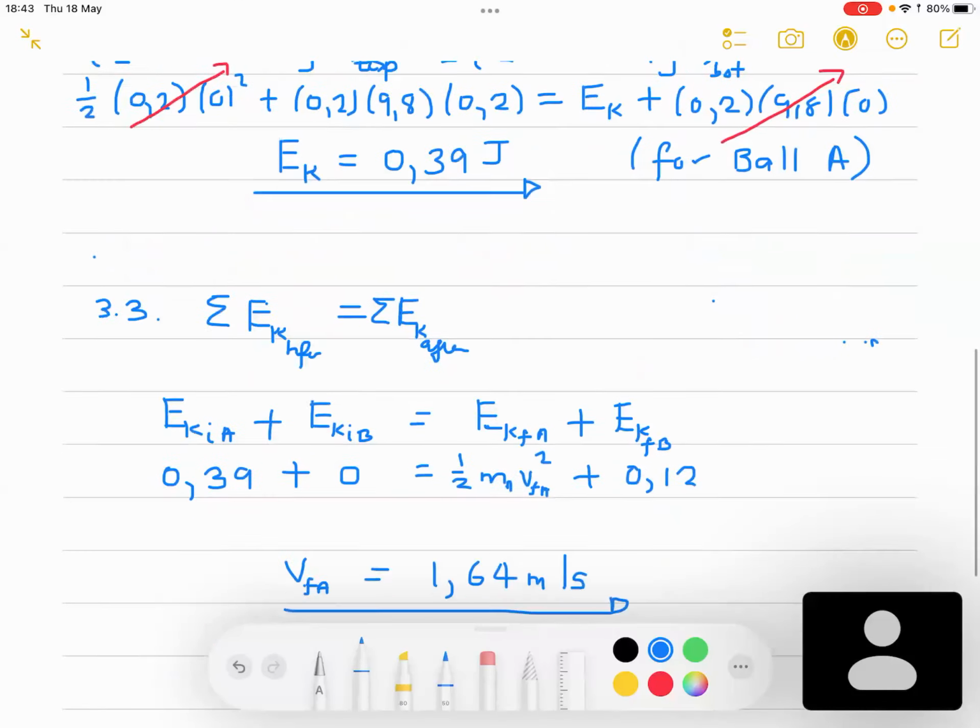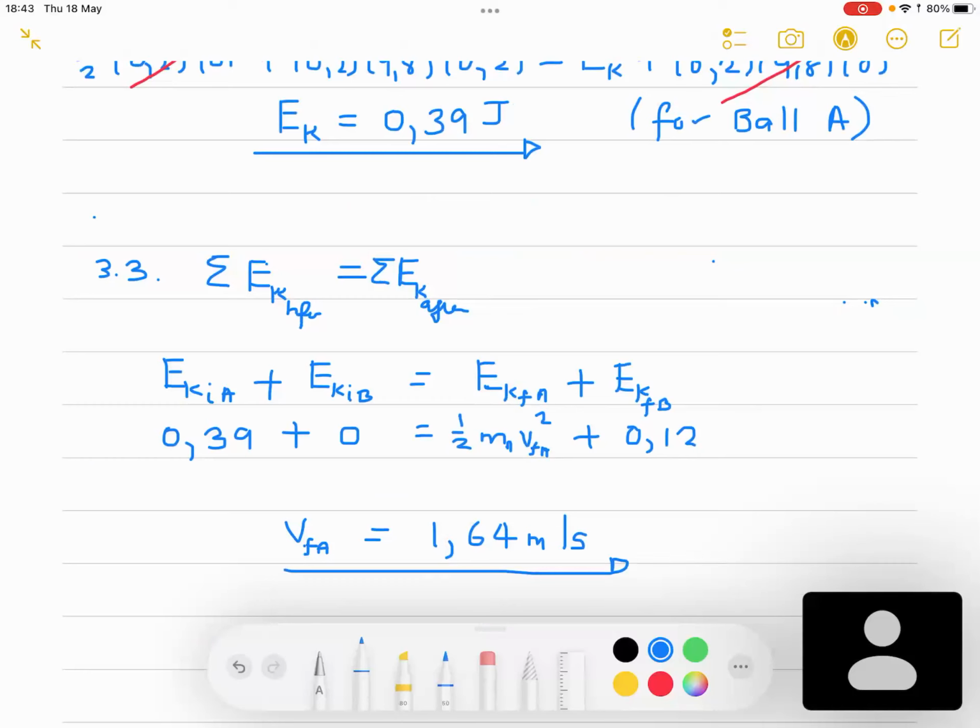Okay, so the way we do that is to say that the kinetic energy before the collision is going to equal the kinetic energy after the collision. And so the kinetic energy before is the kinetic energy of ball A plus the kinetic energy of ball B. That must equal the final kinetic energy of ball A plus the final kinetic energy of ball B. Okay, so the initial kinetic energy of ball A, we got it from the first bit of the equation.